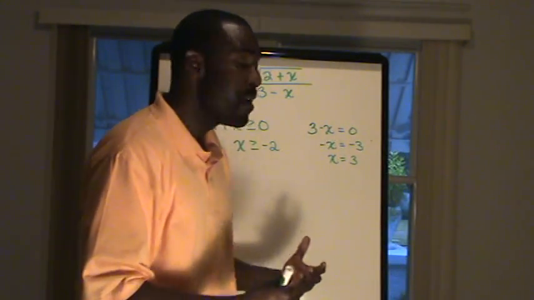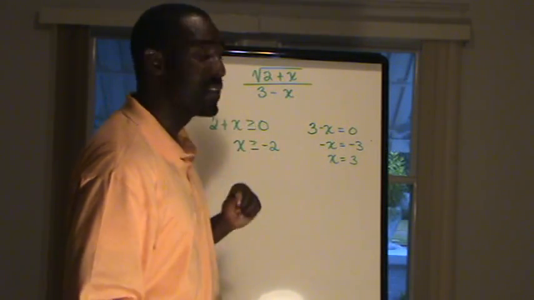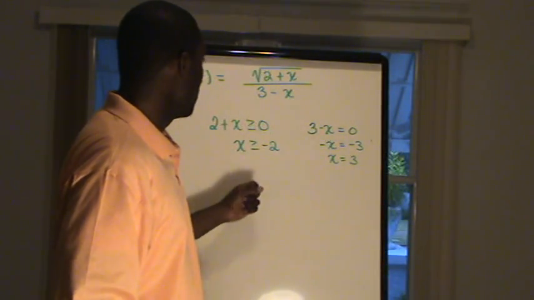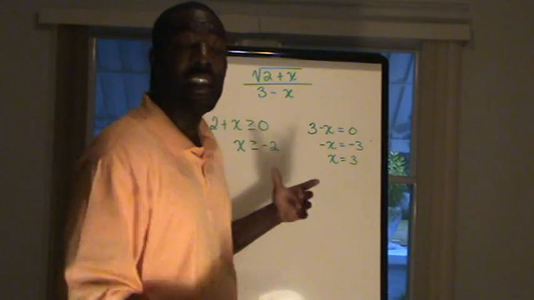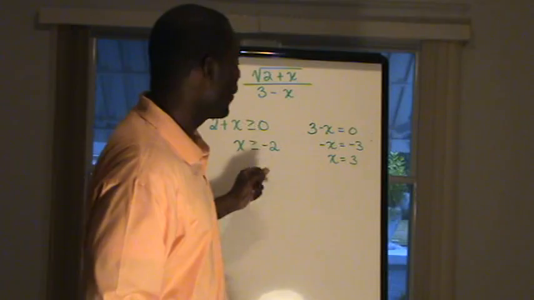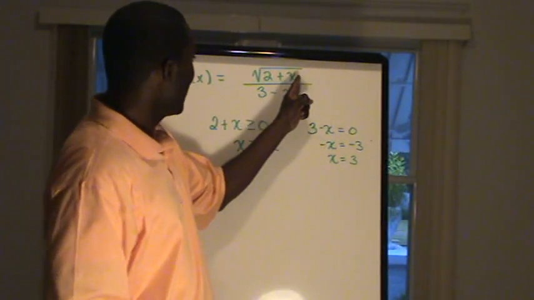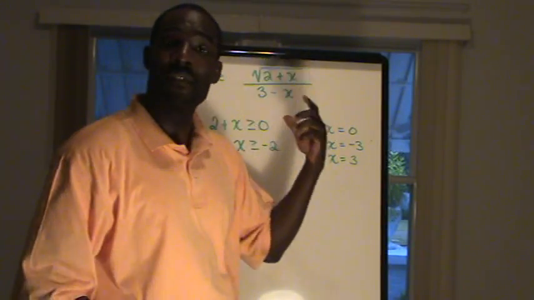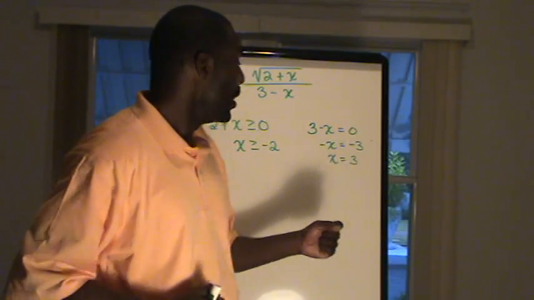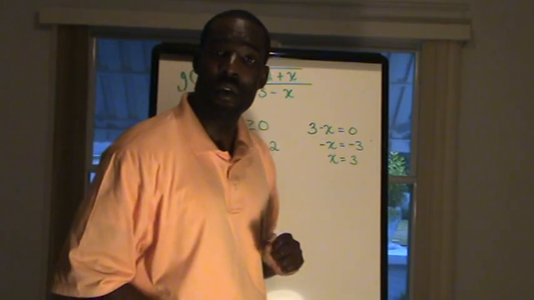Meaning, if you try to find a value that's not greater than or equal to negative 2, let's say negative 3, I was totally thinking wrong before, and you plug it into this numerator, you're going to have a negative value under the square root symbol, which you can't do in the real number system.